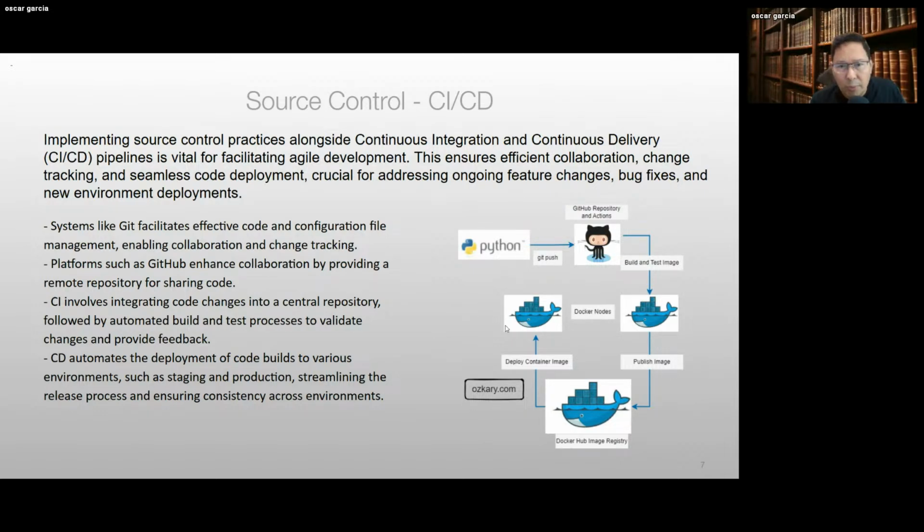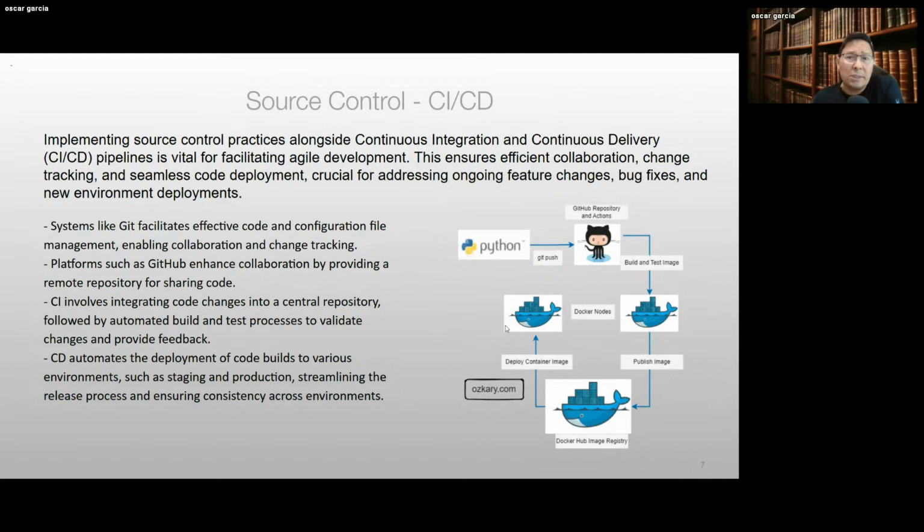Committing just basically means we're saving these changes to our history, and then the push means we're going to push it to the server so it's available to the entire team, and that's just part of the software development lifecycle. The whole purpose is to ensure efficient collaboration, source code control, and seamless code deployment.